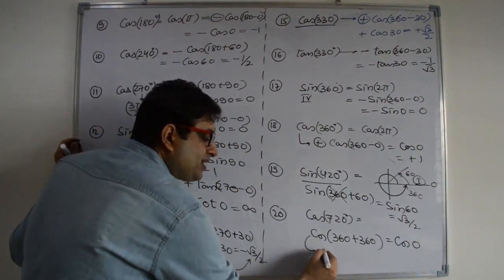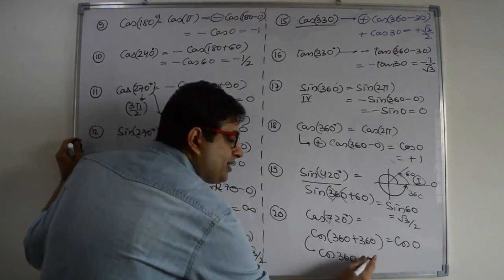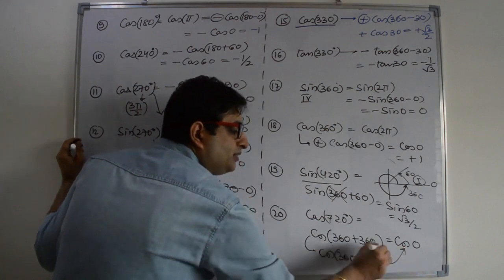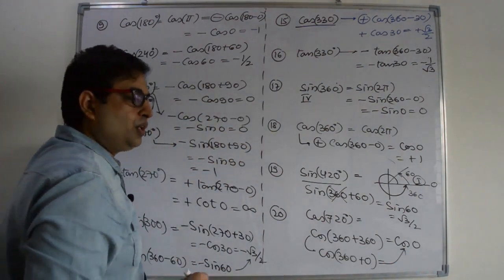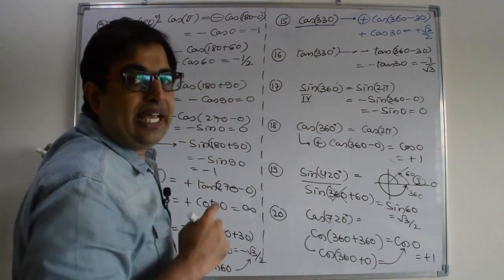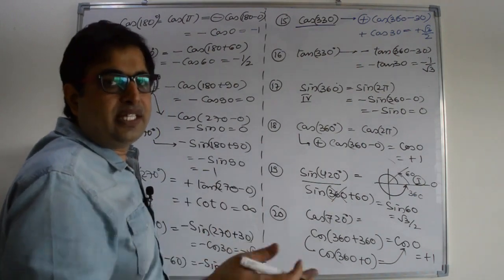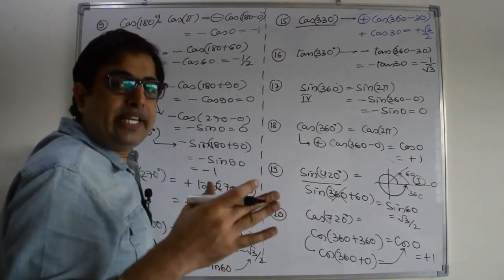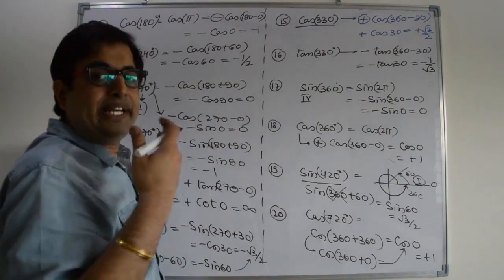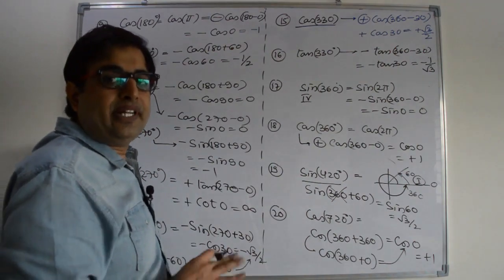Or you can write it as cos of 360 plus 0. So it becomes cos 0. Cos 0 is plus 1. So whenever we have an angle more than 360, then remove the cycles. One cycle, 360 degree, directly remove it. 2 cycles, 720 degree, remove it. Right? If we have more cycles, then remove that angle, again we will reach the first quadrant. Right? I hope you got this.